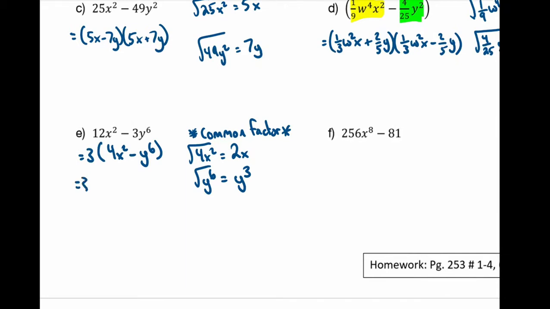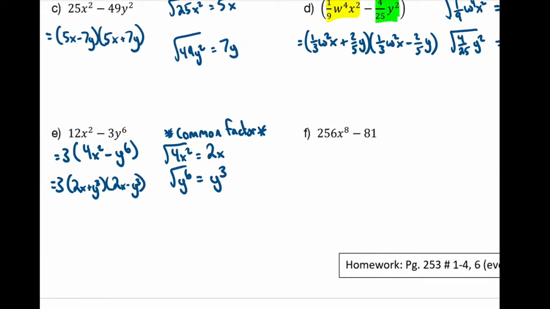So I can break this down further. I can break down this bracket into 2 brackets. One will be 2x plus y to the power of 3, and one will be 2x minus y to the power of 3. Right, again, just taking those 2 square roots, making 1 plus and 1 minus.